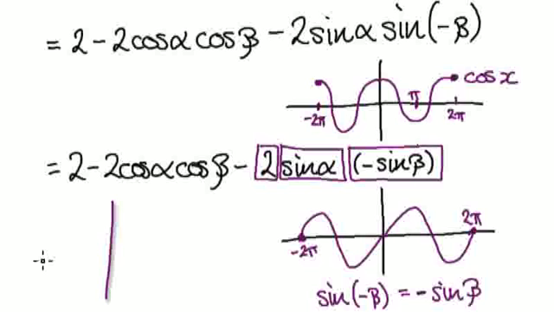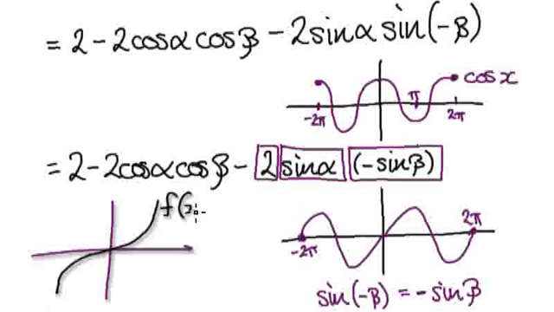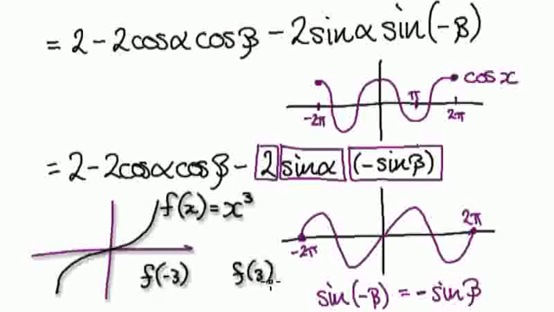It's like having f of x equals x to the power of 3. Rather than doing f of minus 3, you could just do f of 3, work out the whole answer and then stick a minus in front of it.